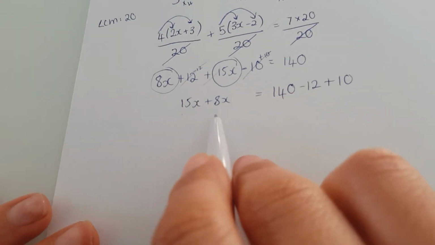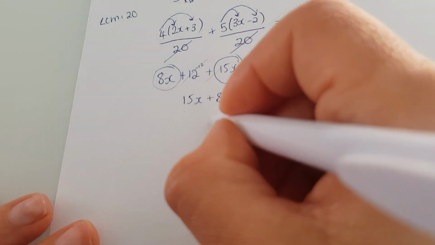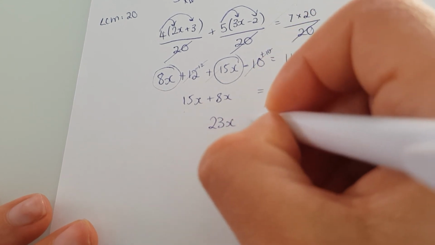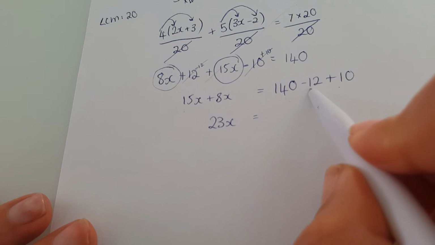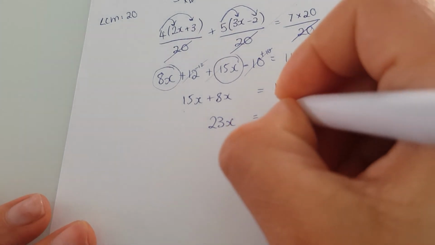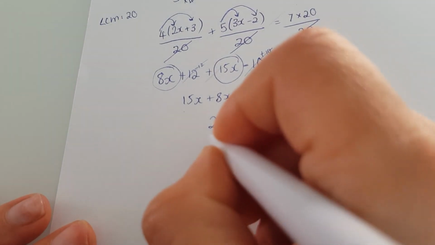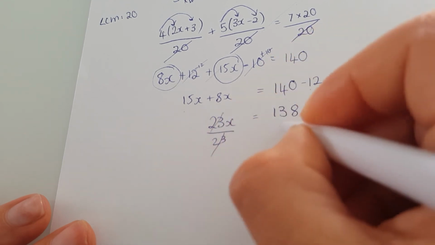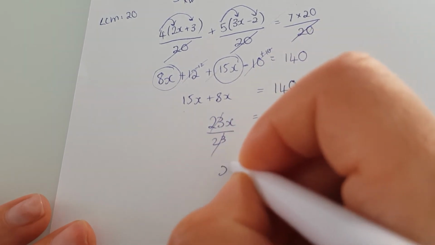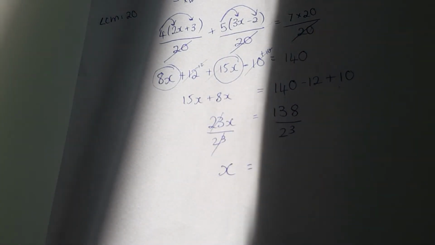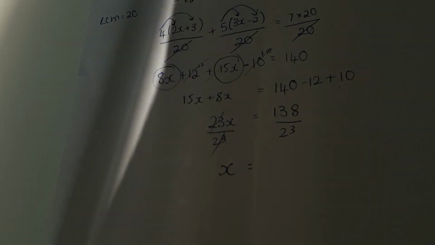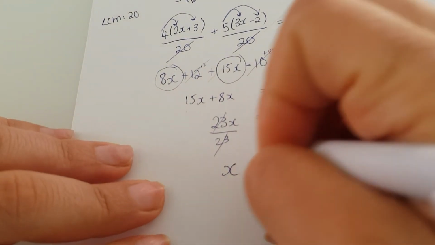Then I have 15x plus 8x, which is 23x. 140 plus 10, which is 150. 150 minus 12, which is 138. Now divide by 23 on each side. And x is 138 divided by 23.